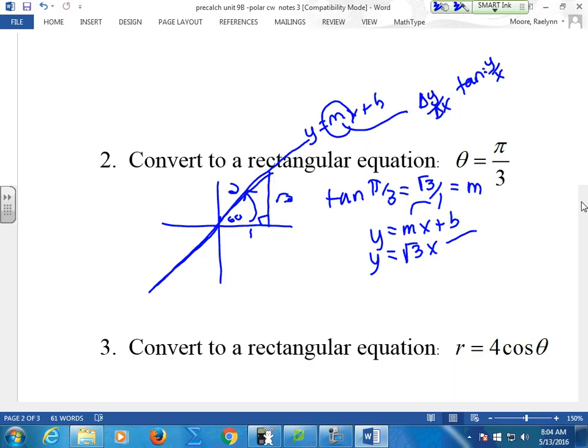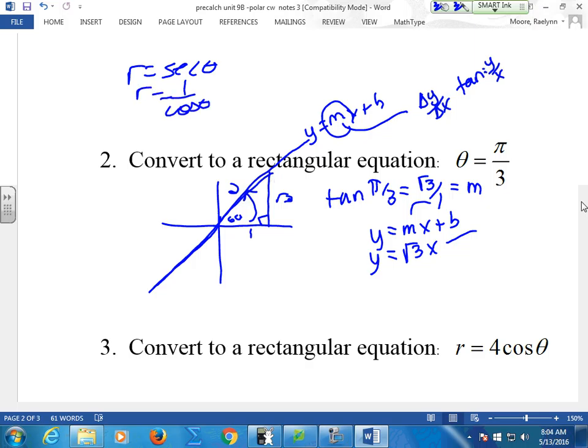Most of these are just going to use this. Here's another one. I don't think you have this one. Mine are all different than yours. Oh, that's number 4, the last one? Okay, so you can put this in your calculator and see what this comes out to be. We'll do this in a minute. But if I take this, what is secant in terms of cosine and sine? 1 over cosine.